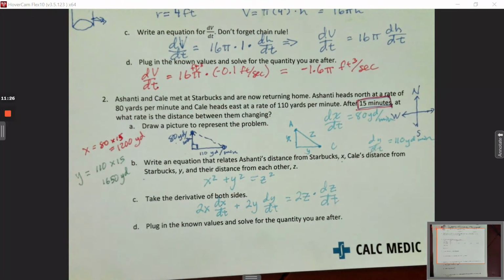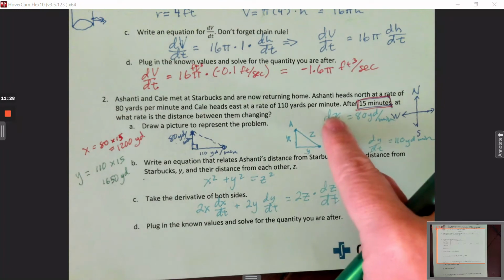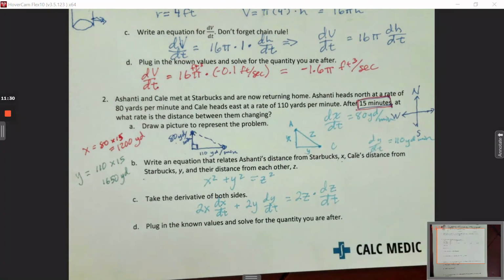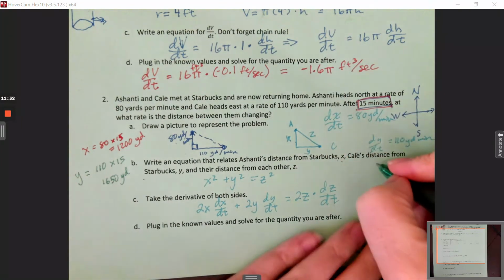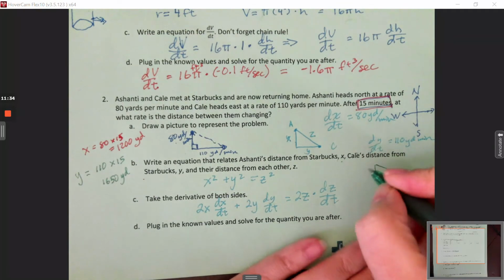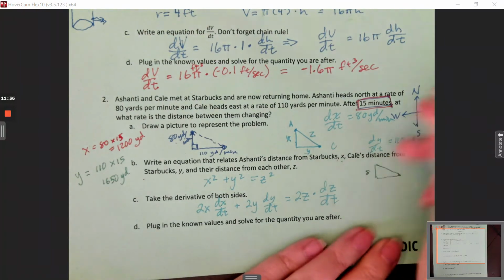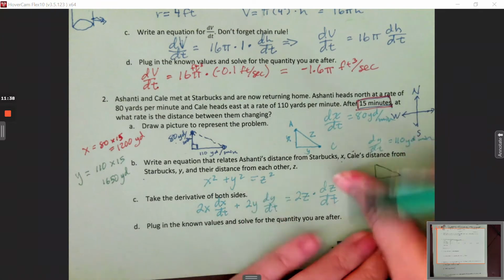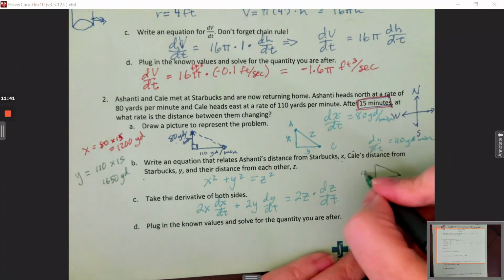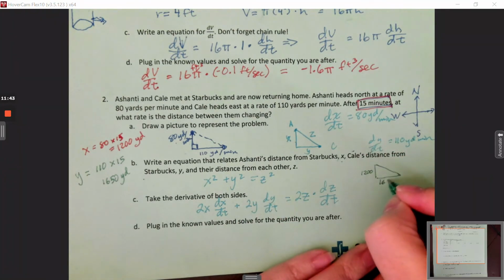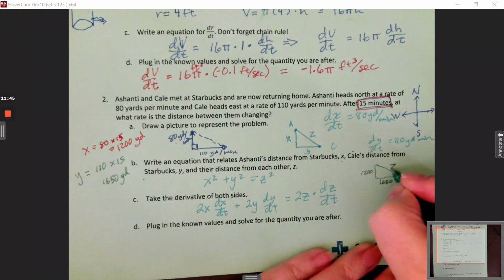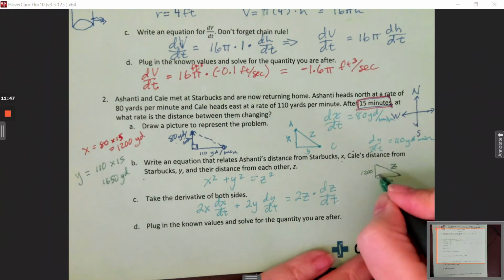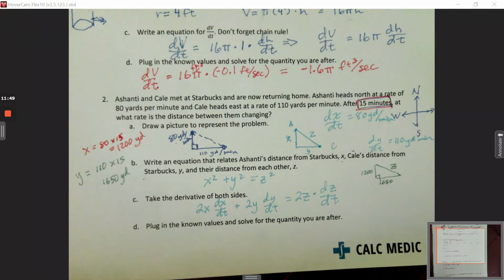Okay, and this is a triangle, x, y, z, so we can find z. So 80, wait, not 80, 1200 and 1650, z. All right, squaring, squaring, squaring, square rooting, all that good stuff.